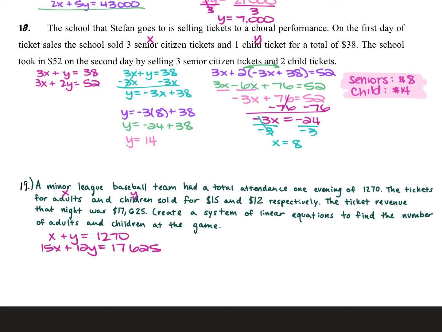Again, it is up to you which method you choose to use. If you would rather use substitution, you can do that. If you eliminate, I would multiply the top by negative 12. This is going to give you negative 12x minus 12y is equal to 1,270 times negative 12, which is negative 15,240.